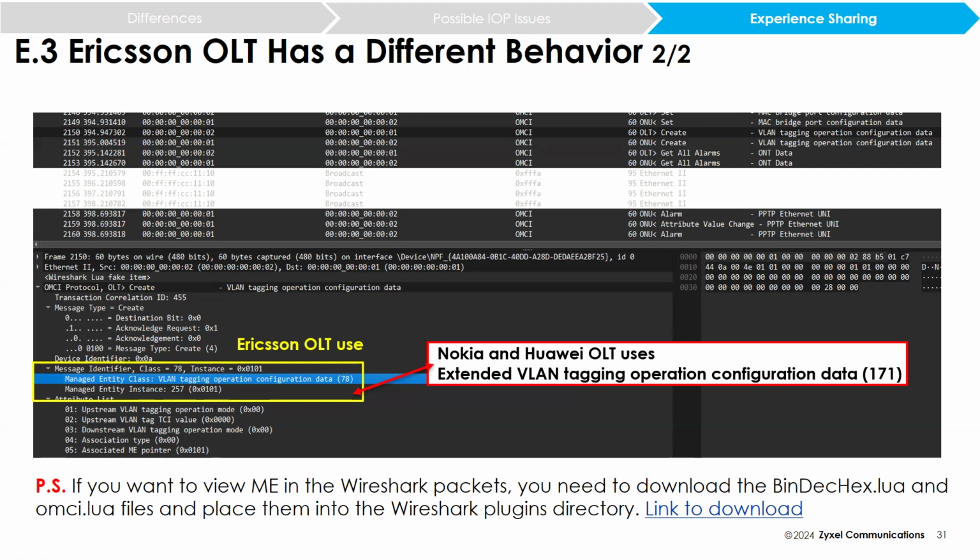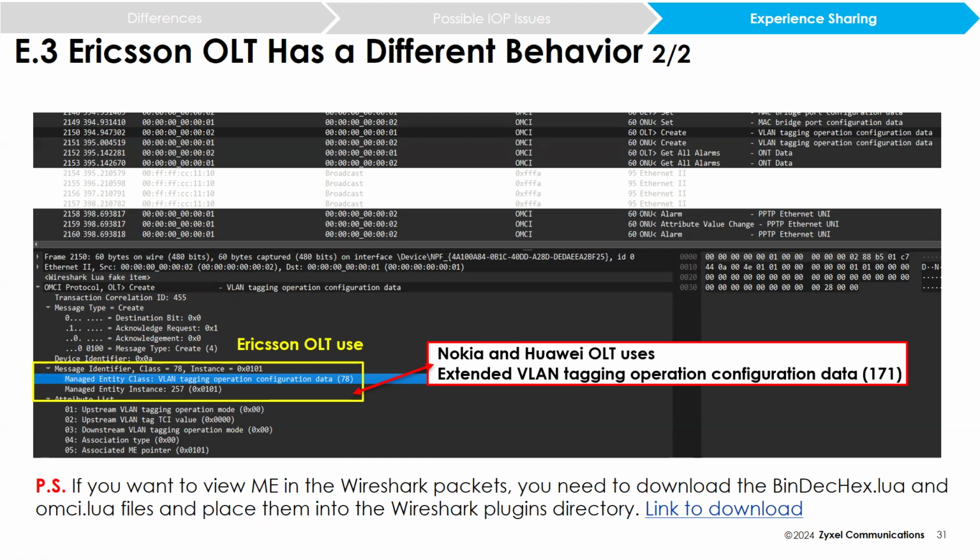So that's why we suggest capturing the ONT data. Because from the capture, they realize the NE they use on the OLT is this one. On the ONT, we can auto-recognize whatever OLT is being used, and for the Ericsson use case, we can say, okay, whenever you see this ME, just strip off the VLAN tag on the ONT.